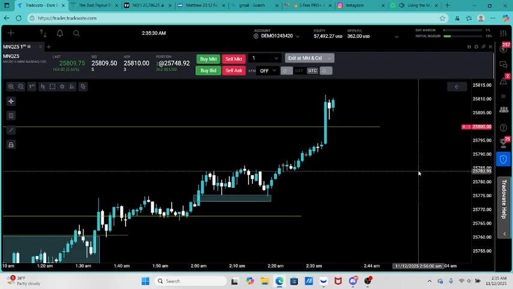Yep. The last fair value gap was at 233. The last block was at 217. Hold on, give me 1 second.